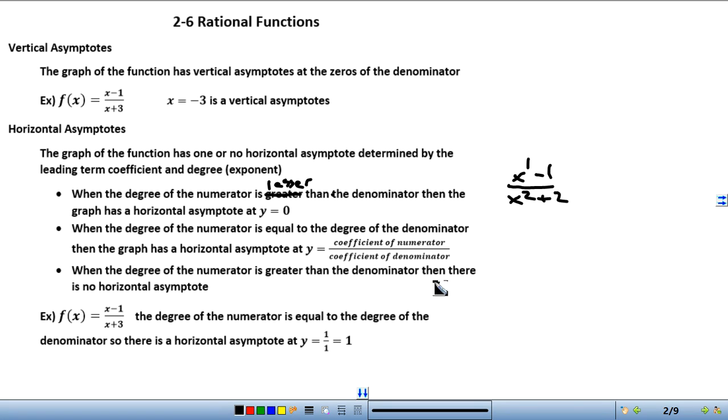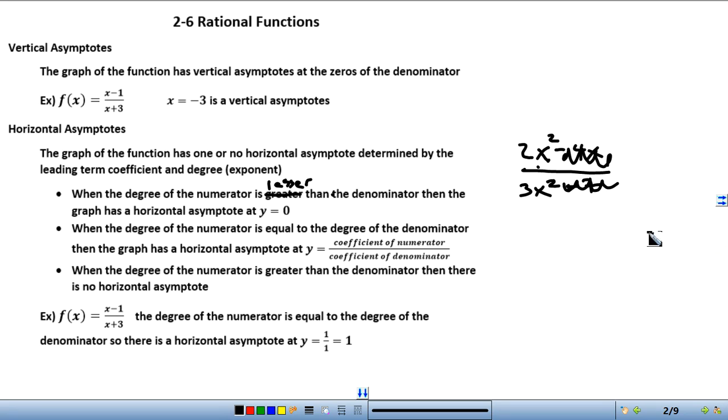If the degrees are the same, what you need to do is find the ratio of the leading coefficients. So if I have 2x squared minus 4x all over 3x squared plus 7, I don't care about these other terms.